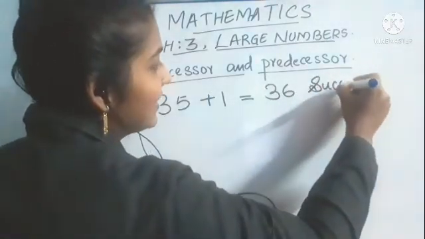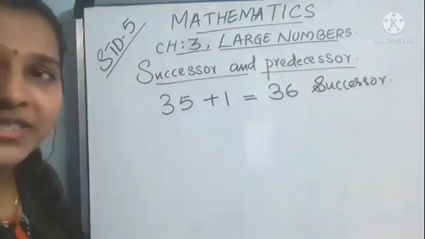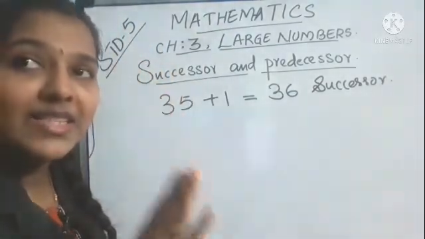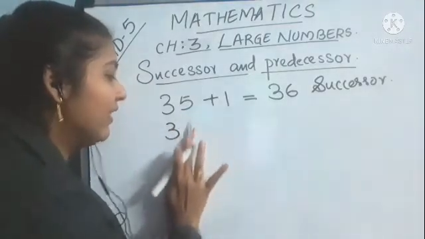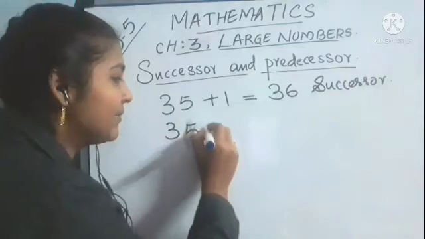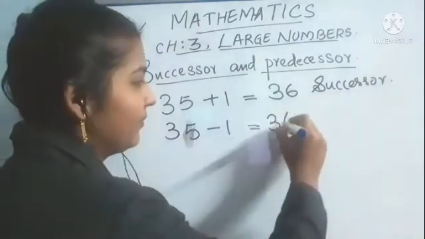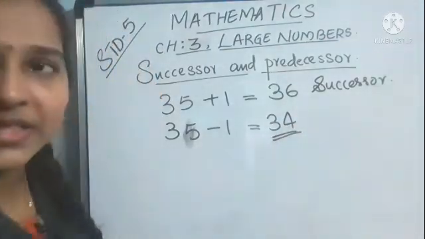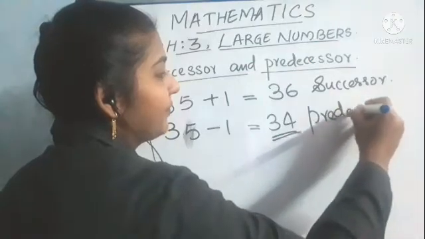Okay children, and what is predecessor? One less than the given number, isn't it? So 35 minus 1 is equal to 34. So 34 is the predecessor.